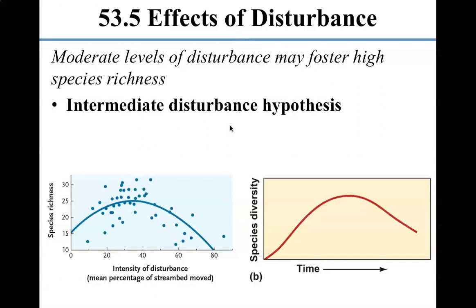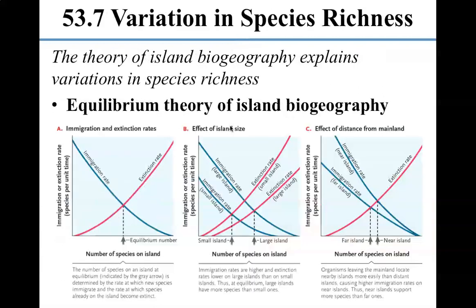I hope that made sense. If not, see the book or ask me questions at the Zoom. Again, the point is you want disturbances at an intermediate time interval or an intermediate intensity level in order to maximize diversity. All right, finally, there is the equilibrium theory of island biogeography.